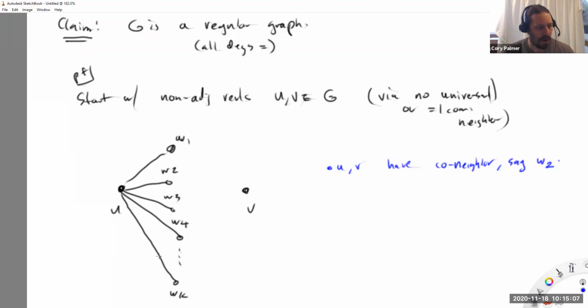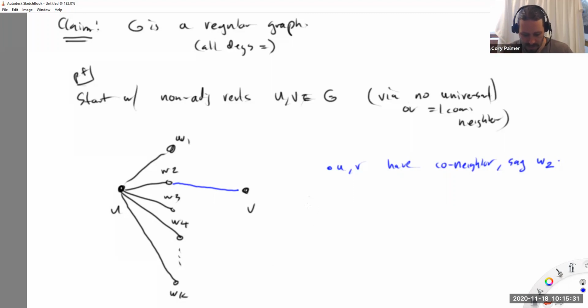Well, all of U's neighbors are these guys here. So a common neighbor has to be among the neighbors of U. And V and U have exactly one common neighbor. So V sends an edge right to there. Now notice that V doesn't send an edge to any of the other Wi's. That either gets us C4, a cycle, or it violates the common neighbor property. So either of those are out.